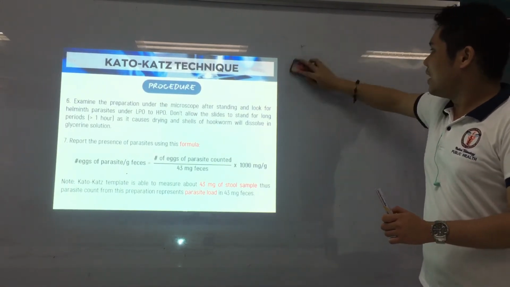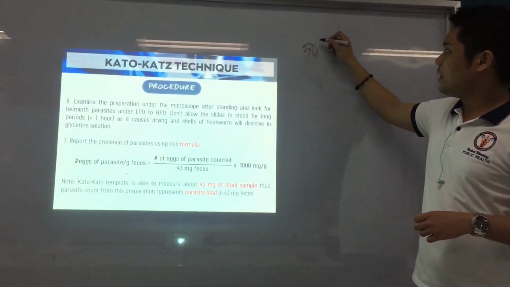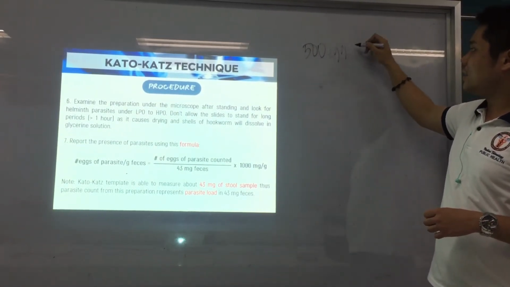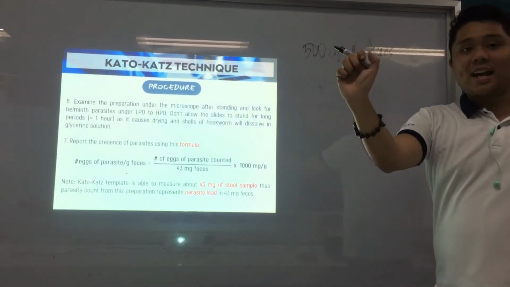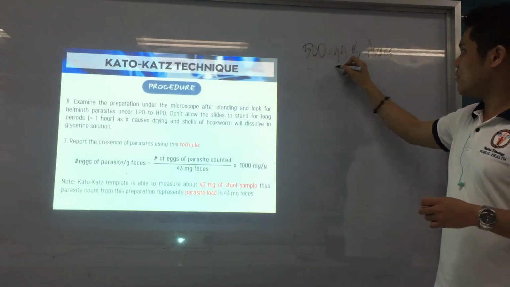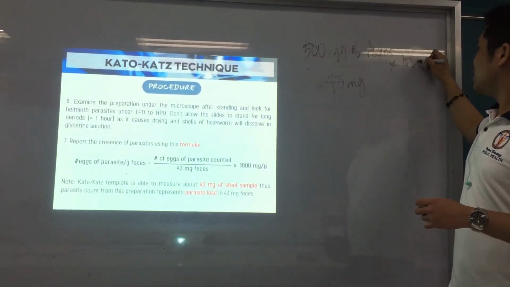So for example, you discovered, let's say, 500 eggs of parasite, eggs of Ascaris, using your tally counter or WBC counter. So we divide by 43 milligrams times 1,000 milligrams.